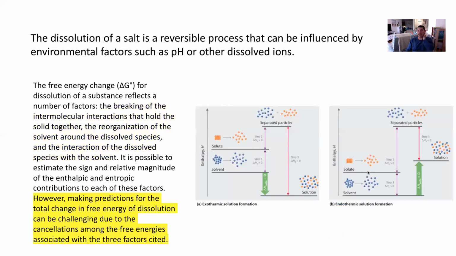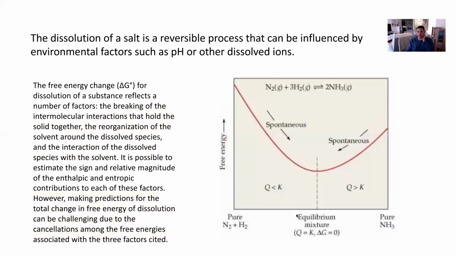But that can be really hard to predict. Sometimes it's exothermic, sometimes it's endothermic. They all have different enthalpies associated. So going back to that formula, delta G equals delta H minus T delta S, it's really not a good way to solve for a chemical equilibrium because it's hard to tell if a system's going to be endothermic or exothermic.